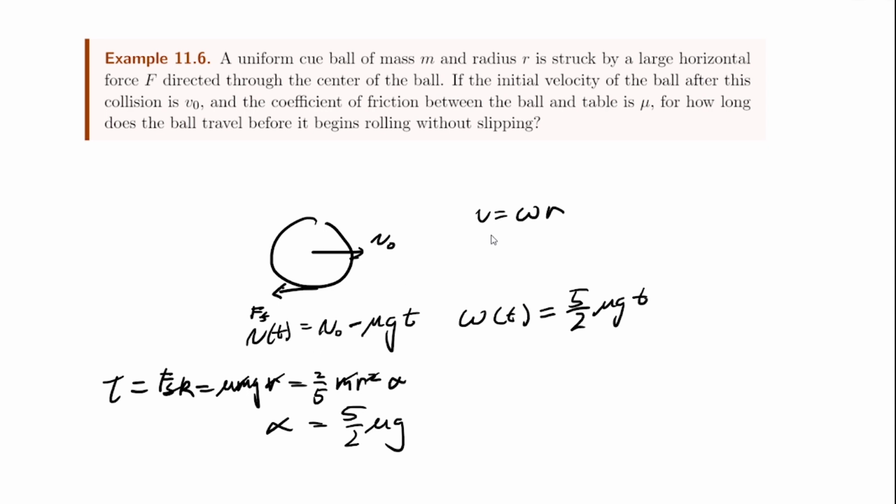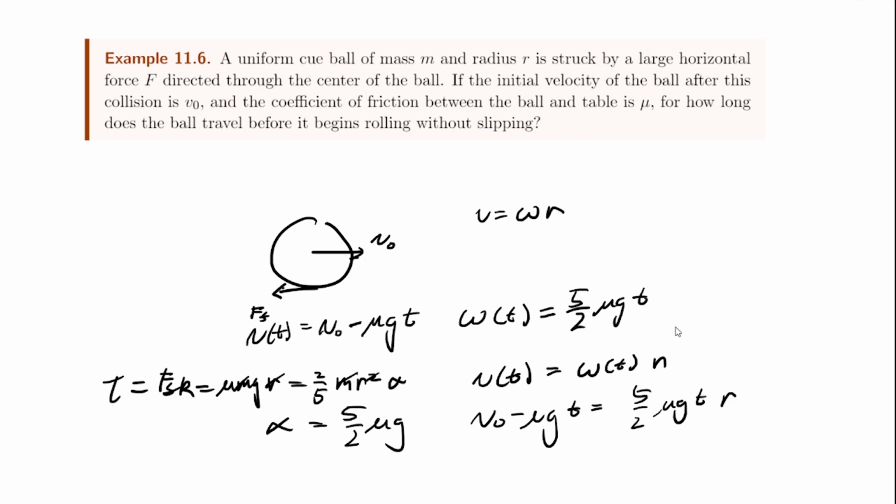So now we just plug these in and find the time when v of t is equal to omega of t r. Let me go ahead and plug those in. Oh, it looks like I dropped a factor here, because this is in units of velocity when it should be units of 1/seconds. So let me add a 1/r.